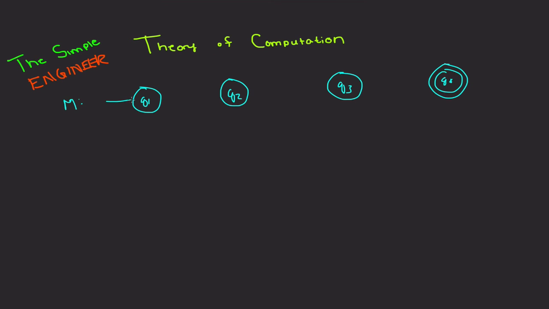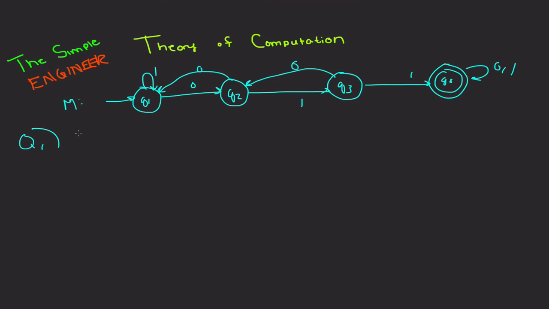So a DFA is going to have transitions 0, 0, 0, 1, 1, 0, 1.